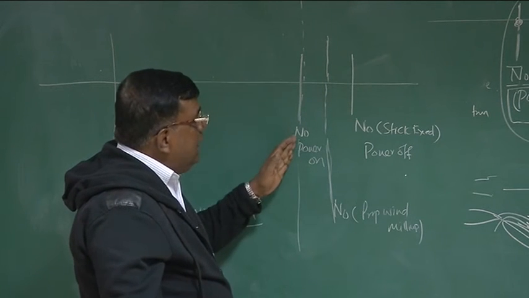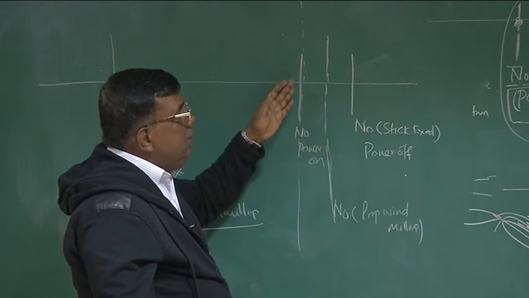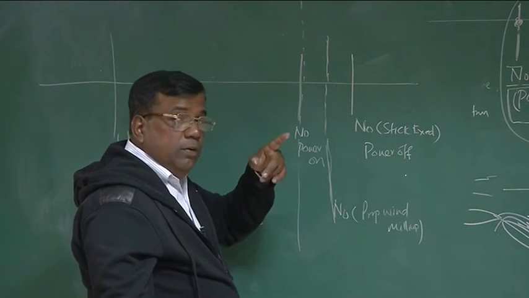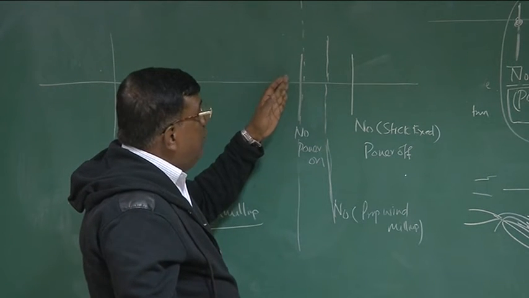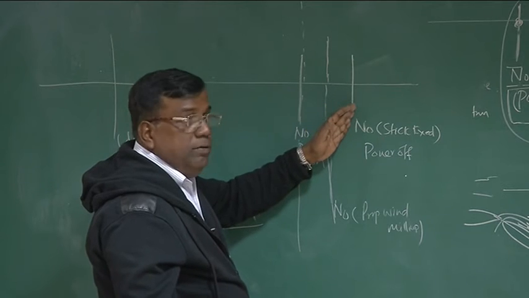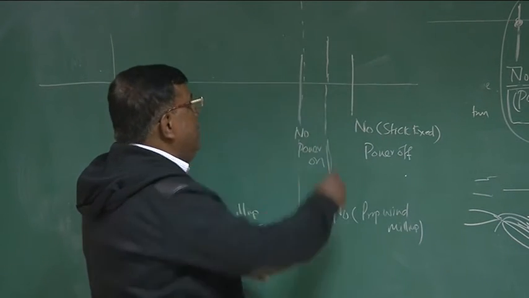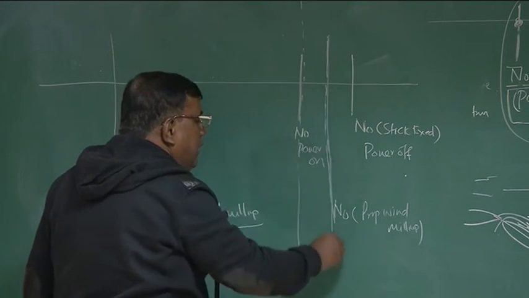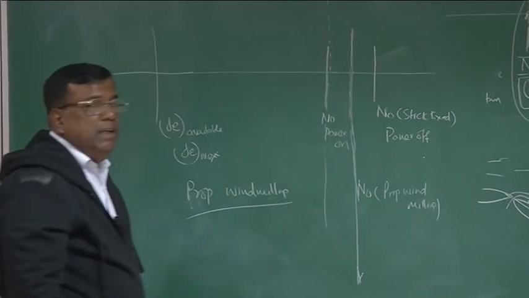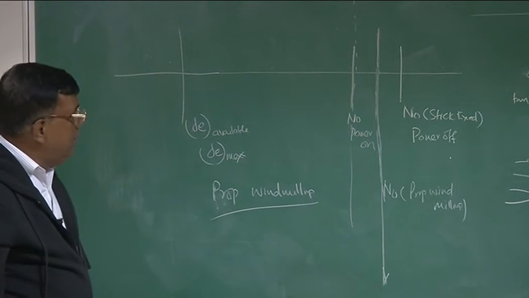N0 power on, at that time it is contributing full destabilizing effect for a propeller engine in the nose of the airplane. But windmilling is in between power on and power off. So somewhere here it will be there, right? So for all practical purposes, during landing, this will be the limit of CG. Beyond this CG, it will become unstable.